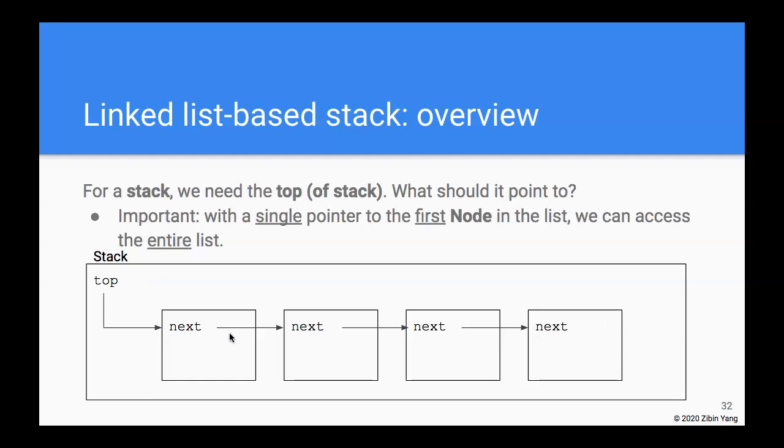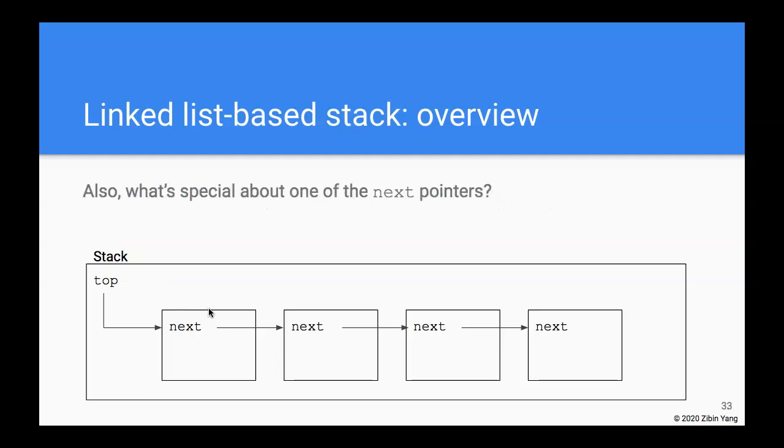So okay, the first node is special because it's the top of the stack. What about the next pointer? Is there one out of all of these next pointers that is kind of special? Well, what is the last next pointer? What should it point to, so that we know that's the very last one? Well, the last one usually points to None. Pictorially, I like to draw it as, for those of you who know a little bit of electrical engineering, the symbol for ground.